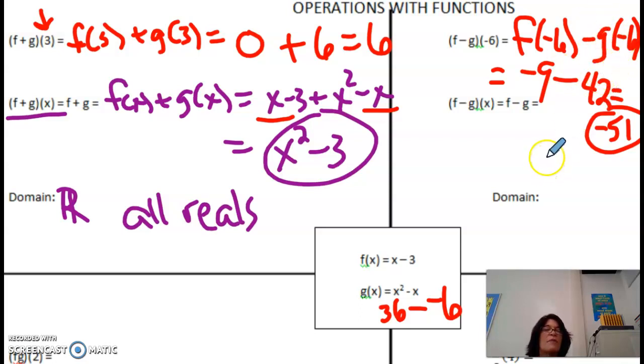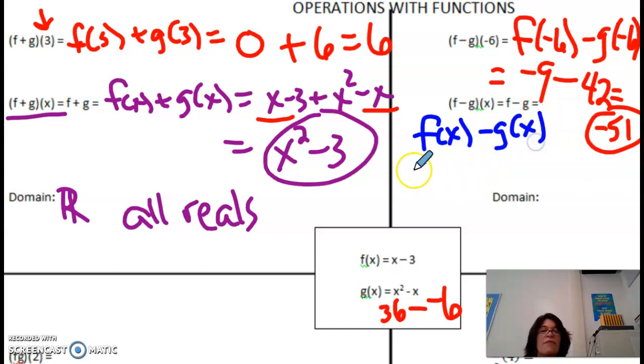Okay, so be careful with all those negatives. It doesn't hurt to write more down and not keep it so much in your head, because people get that messed up sometimes. f minus g of x, sometimes we just write f minus g. If you don't see a number there, you assume they mean of x. So I'm going to take f of x minus g of x.